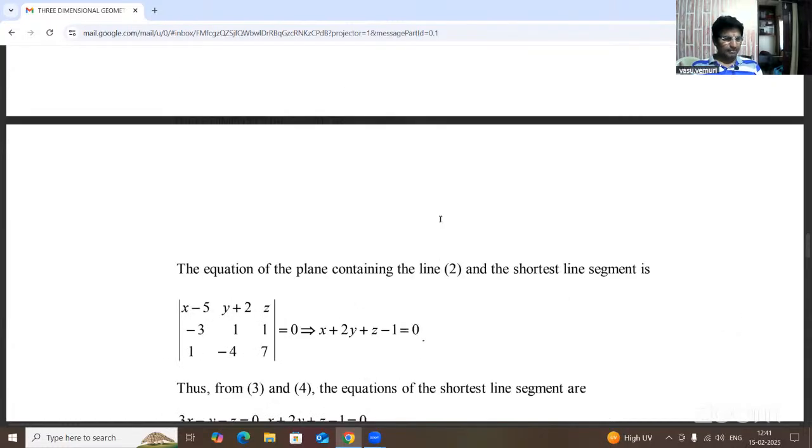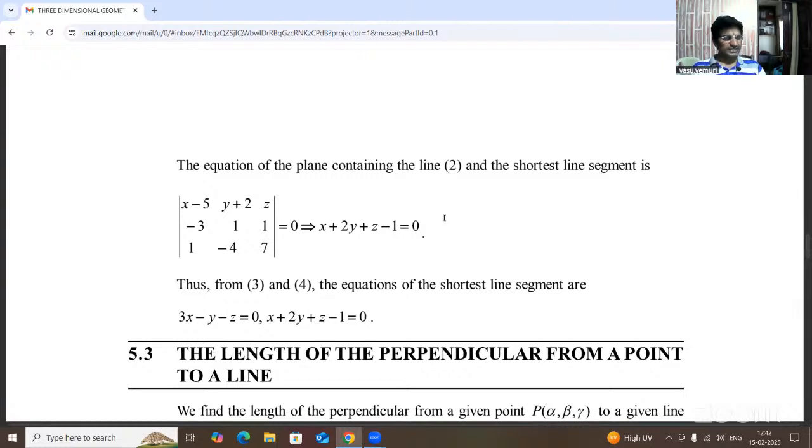At the same time, mod x minus x2, y minus y2, z minus z2, from the second line's normals l2, m2, n2, l, m, n, we get the value. So those plane equations combined give the shortest line segment, its distance and its equations.